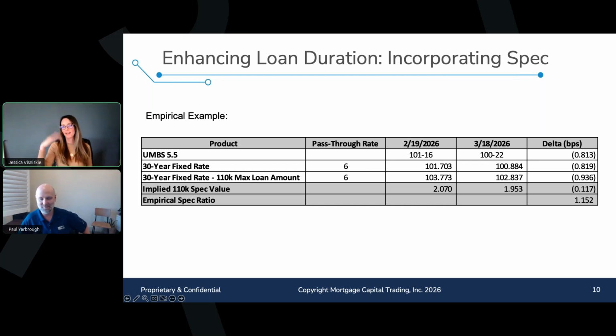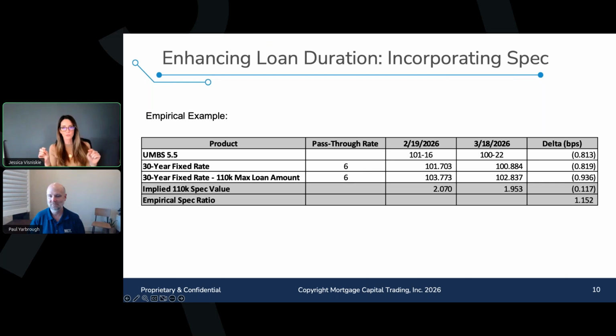Okay, yeah. So sorry, the TBA moved about 81 basis points. You can see that that non-spec price moved very closely in line with the underlying TBA, about 82 basis points. And then, as Paul was describing, the 110 line item actually worsened about 94 basis points in that same time frame.